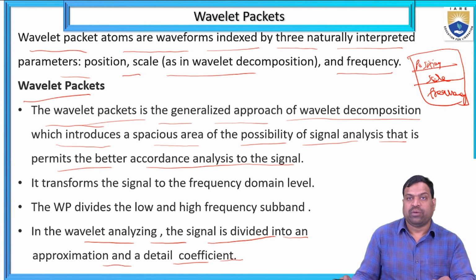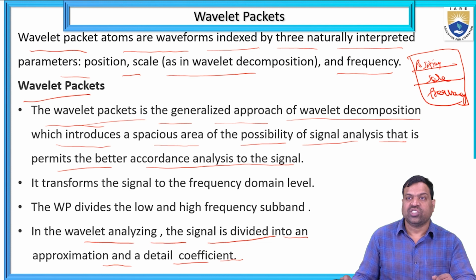When we are taking the wavelet packet, atoms or waveforms are indexed by three naturally interpreted parameters: the position, scale, and frequency. These three parameters, position, scale, and frequency, depend on your wavelet decomposition from the input to the output.